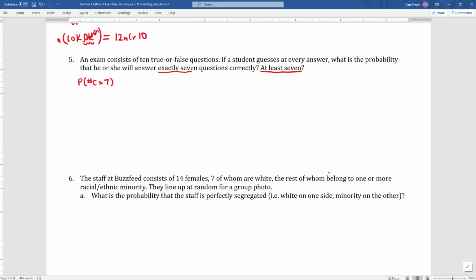Now it might seem weird, especially when we look at our sample space. Let's look at the sample space first. Our sample space is just the number of true or false tests with 10 questions.